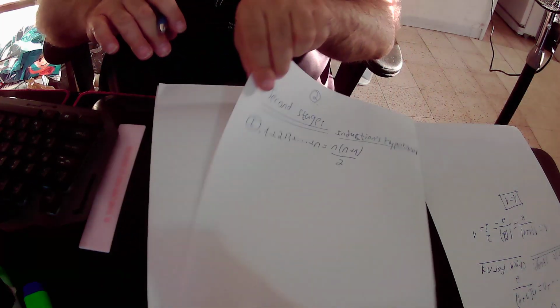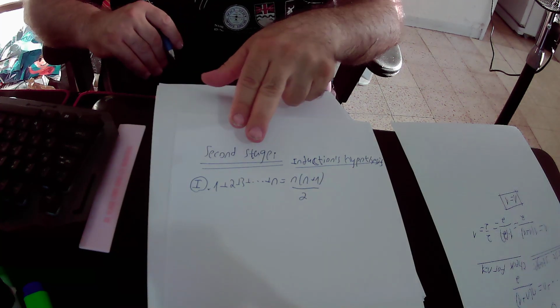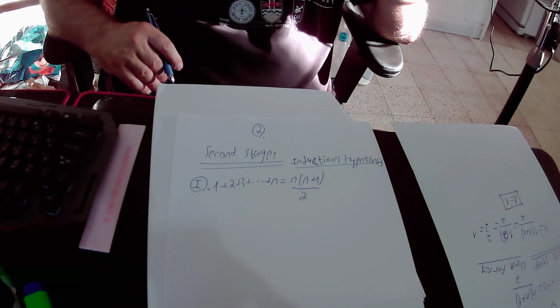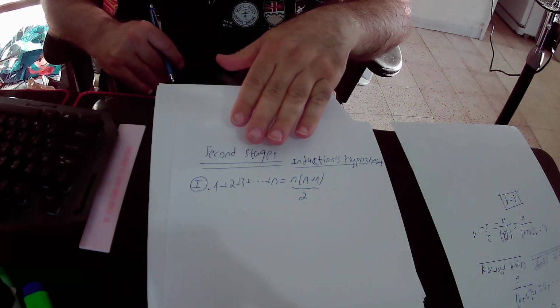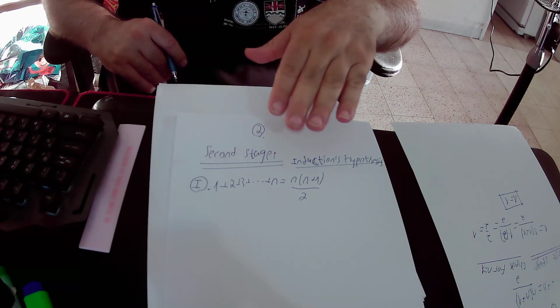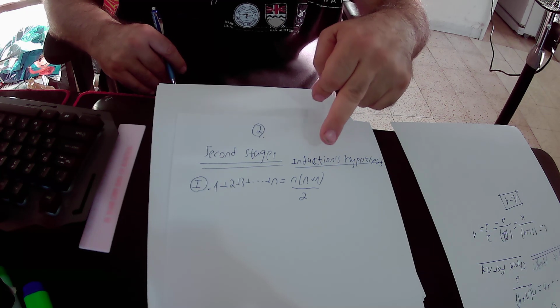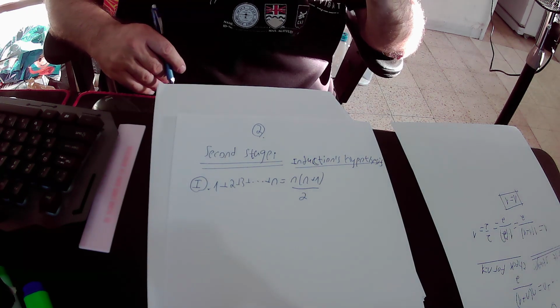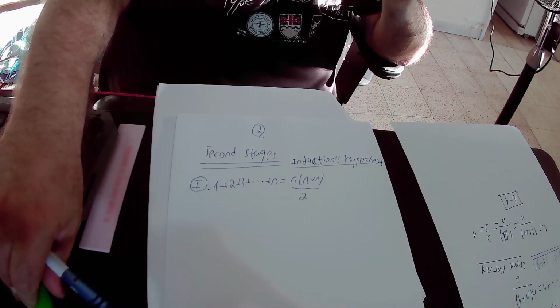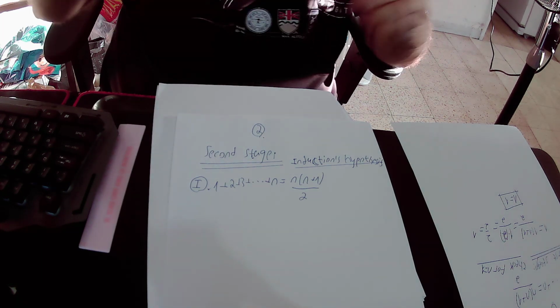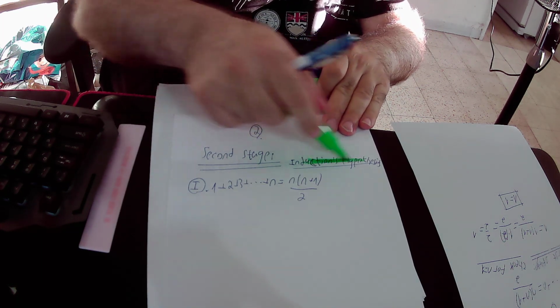We assume that this statement for n is true. That is the induction's hypothesis. 1 plus 2 plus 3 plus n equals n times n plus 1 divided by 2.